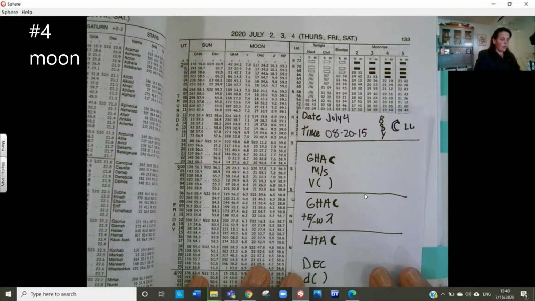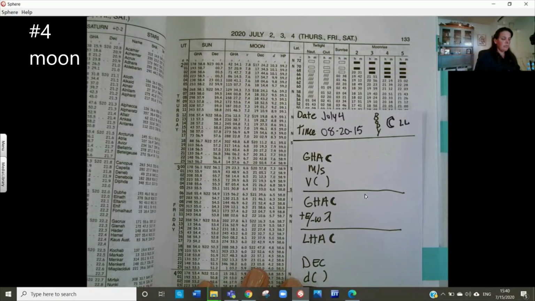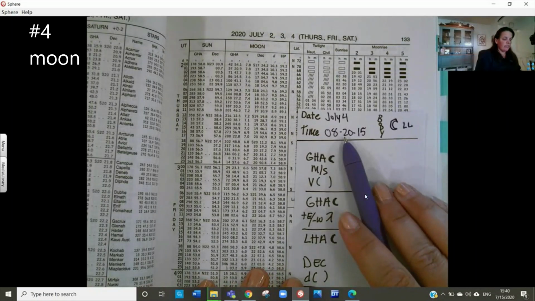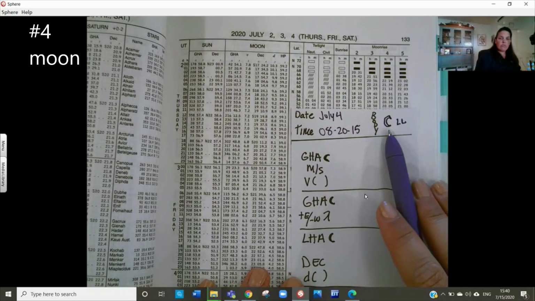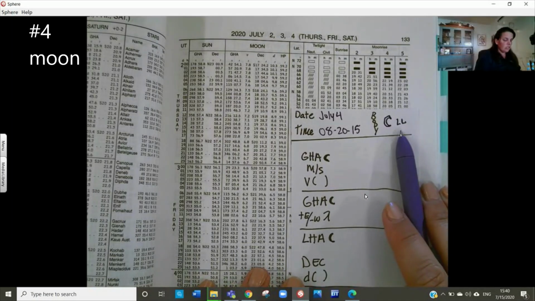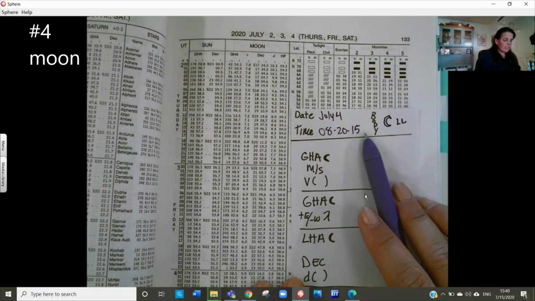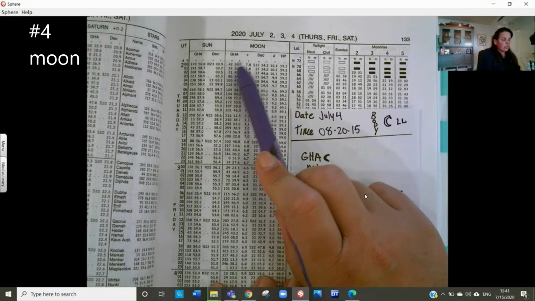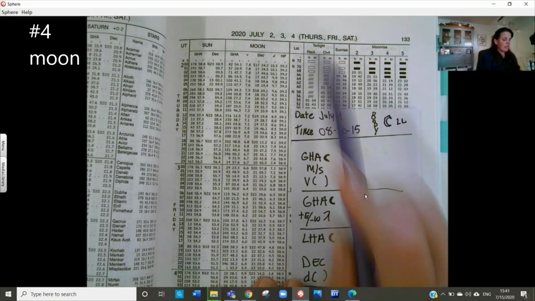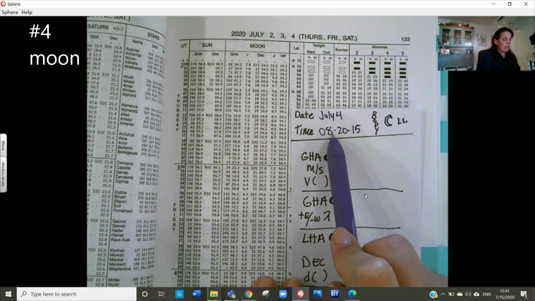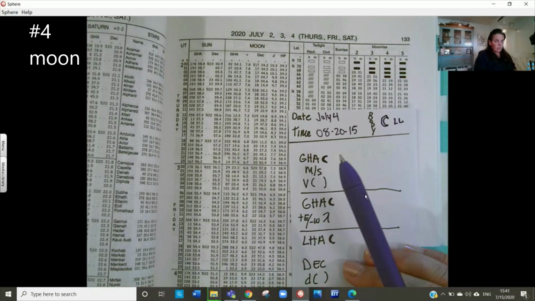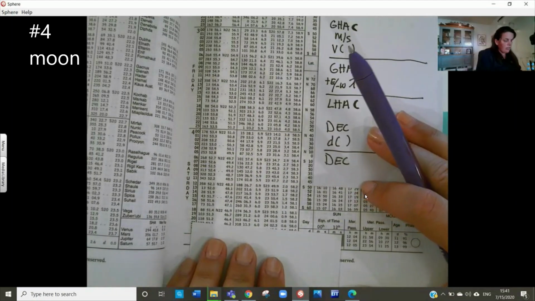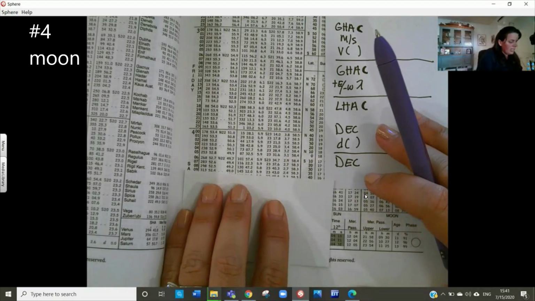Alright, so on number 4, we are talking about the moon. It is July 4th. We have a time of 8:20:15, and we are observing the moon's lower limb. So we have hours, minutes, and seconds, and we are in the moon section of our daily pages here. So we're looking for July 4th, GMT time 0800, and we're under moon. So July 4th is the very bottom one here, and our GMT is 8.